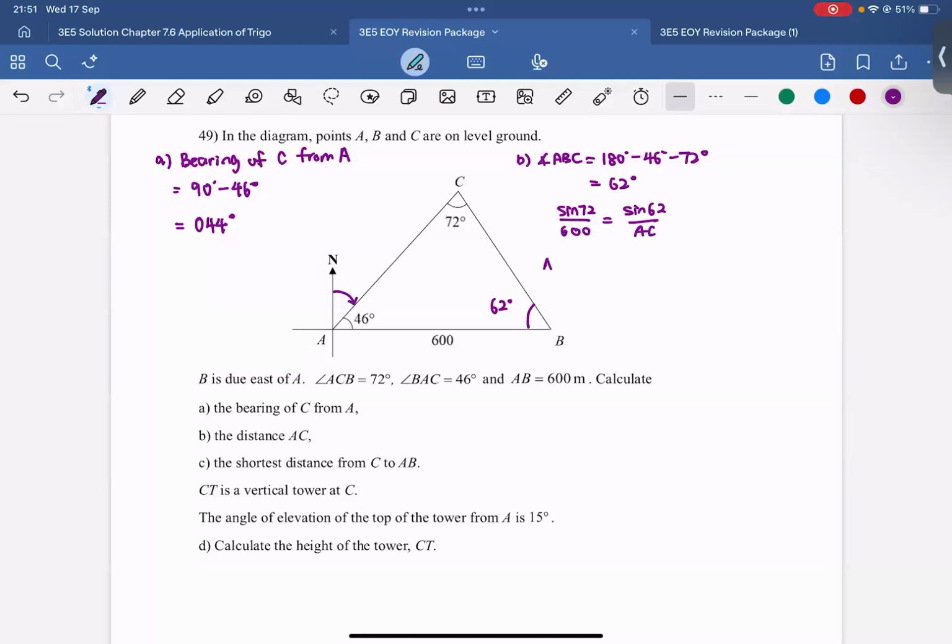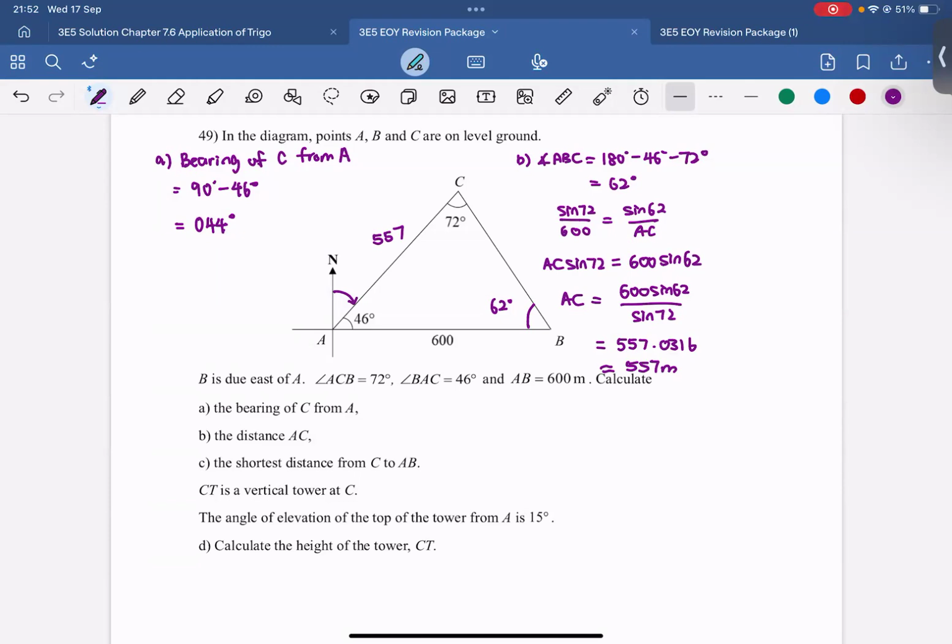Cross multiply, AC sine 72 equals to 600 sine 62. AC will be equals to 600 sine 62 over sine 72.